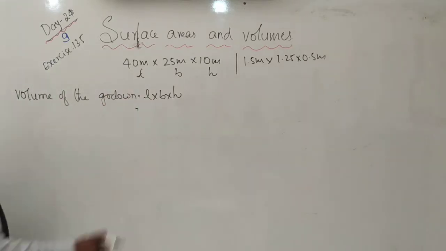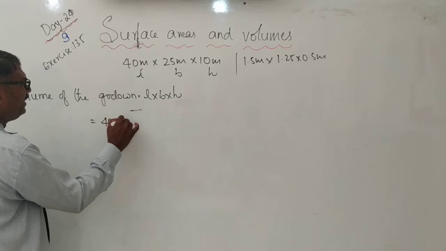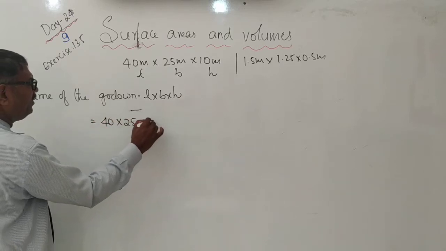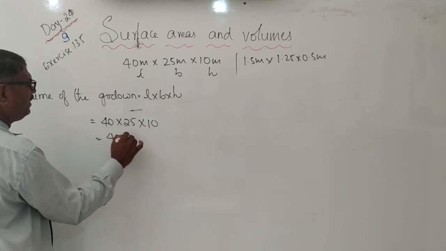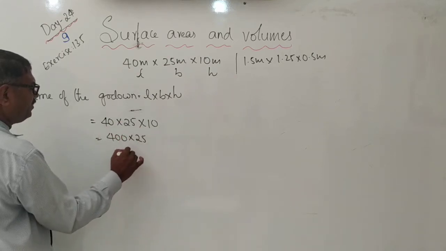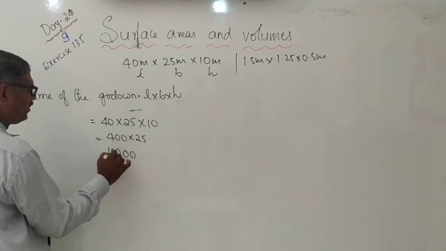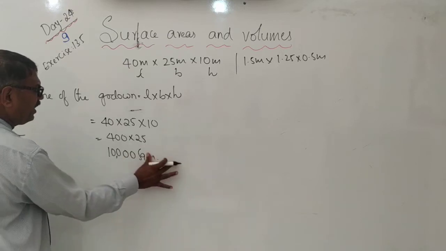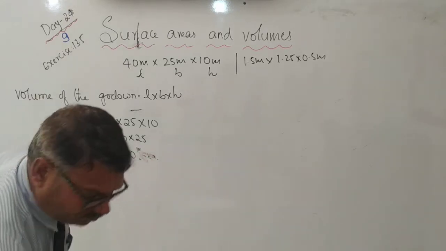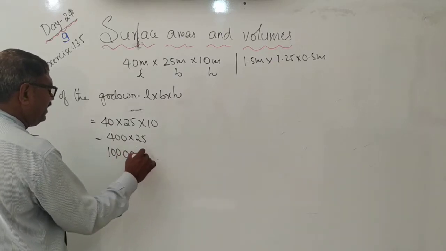Now it is 40 into 25 into 10. So 40 into 10 is 400 into 25, that is 10,000 meter cube.